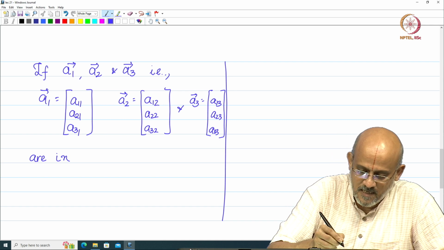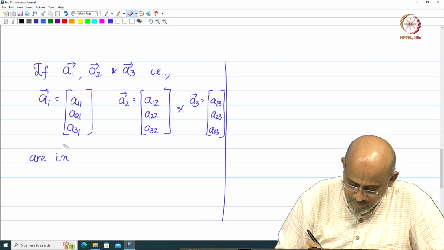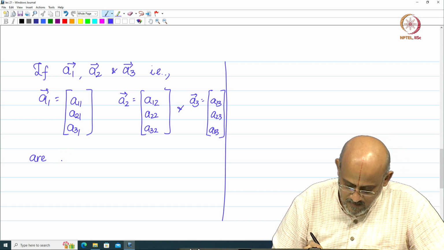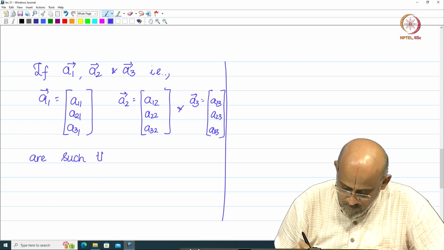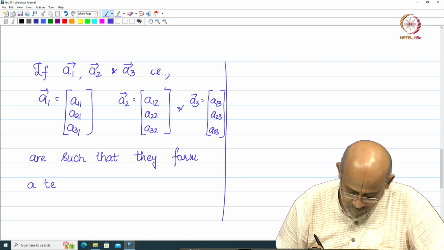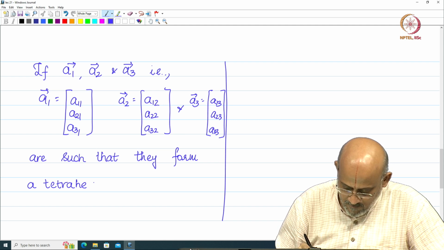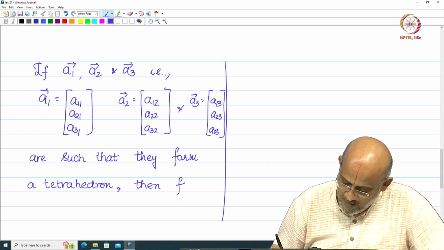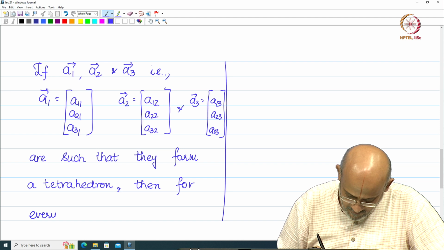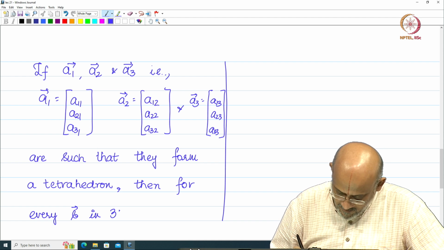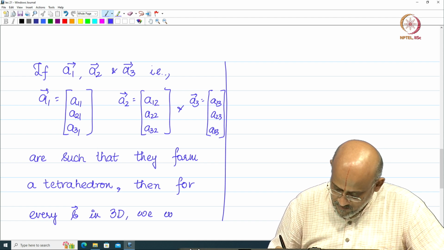So, we are saying that if A1, A2, A3 are such that they form a tetrahedron, then for every B in 3D, we will have a unique solution.